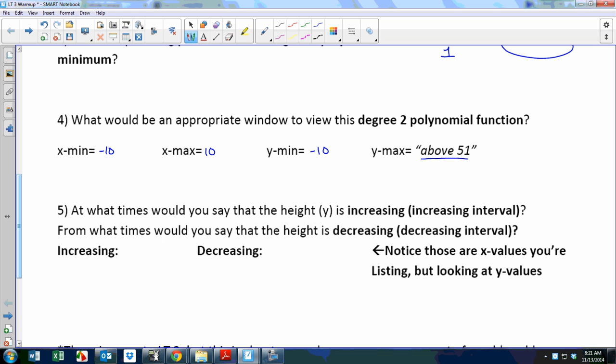You're going to have to figure them out. Now, how do we figure out to change that window to above 51? You look at the table. And you start looking at what's it doing. What are the numbers doing? When does it hit the ground? You start analyzing the table and you come up with my y max needs to be, I don't know, 60, something like that. Okay? So you'll have to figure out your own windows in this one.